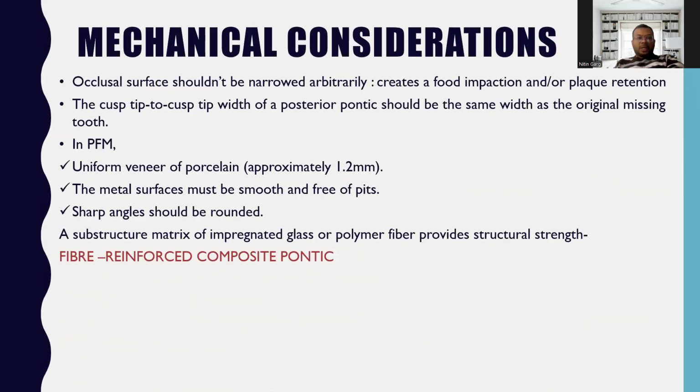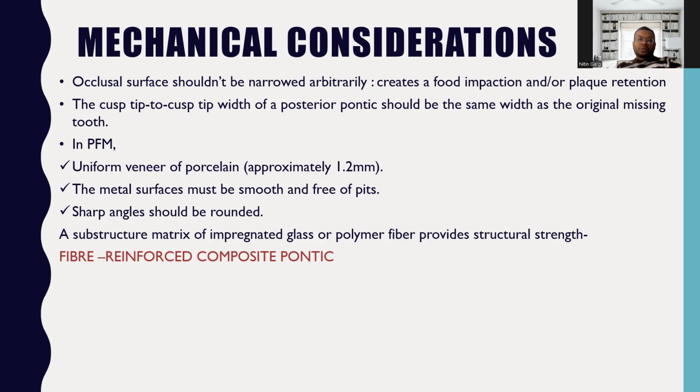Now, coming on to the mechanical considerations, your occlusal surface should not be narrowed arbitrarily. It can create food impaction, cheek biting, tongue issues, or plaque retention. The cusp tip to cusp tip width of a posterior Pontic should be the same width as the original missing tooth.